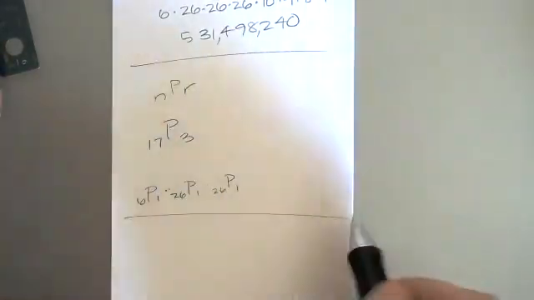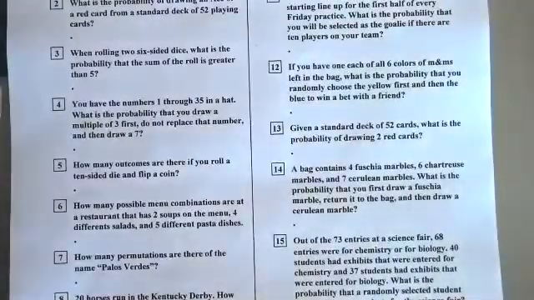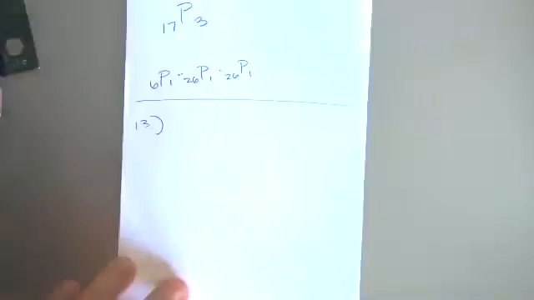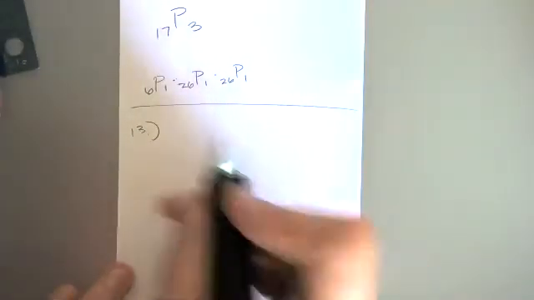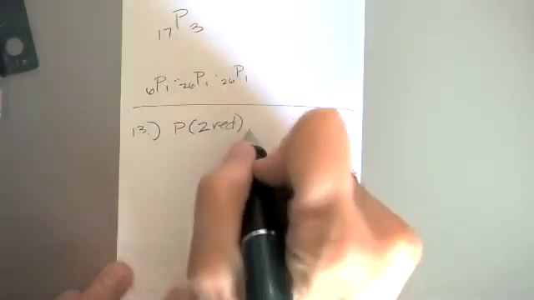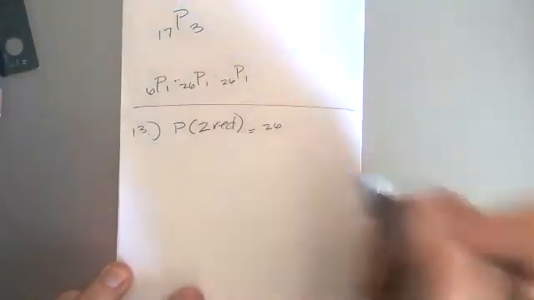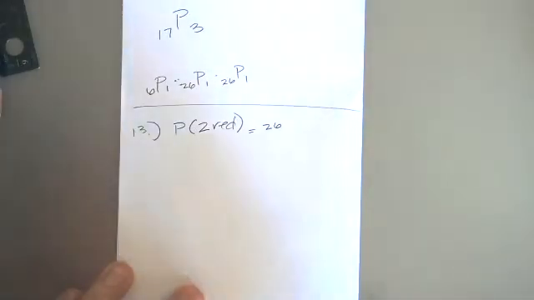Do we have any other questions from the practice homework quiz? Could we do maybe 13? Yeah. So 13: given a standard deck of 52 cards, what is the probability of drawing 2 red cards? Okay, so there are 26 red cards in the deck because 13 are hearts and 13 are diamonds.